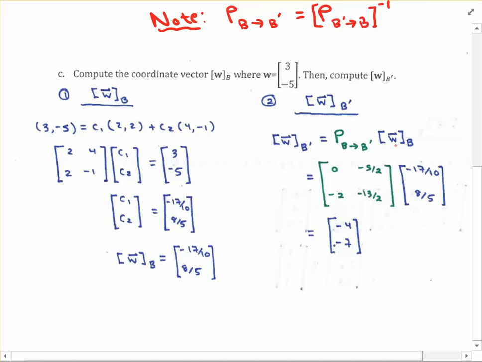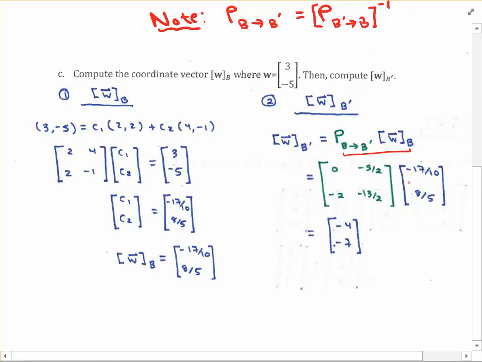Now, your determination of the transition matrix to use is pretty easy to tell. You just want to make sure that the letter on the left of the arrow matches the letter of the vector notation that's to the right of the matrix. So as long as these two match, you're using the right transition matrix. All right, right underneath this, of course, is the written out version of each of these matrices.